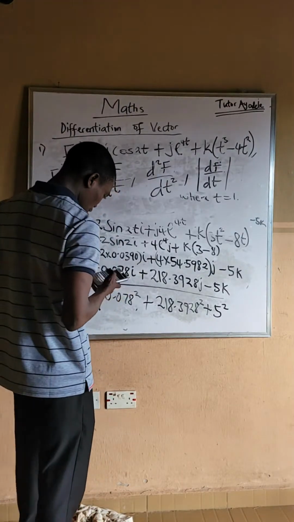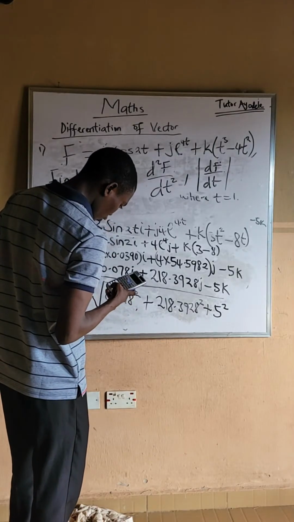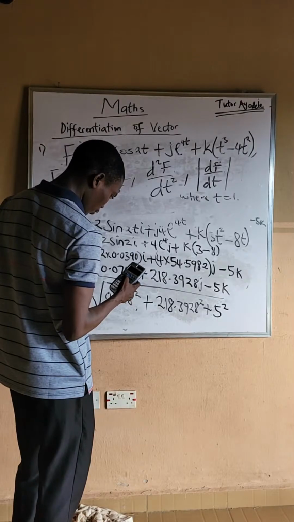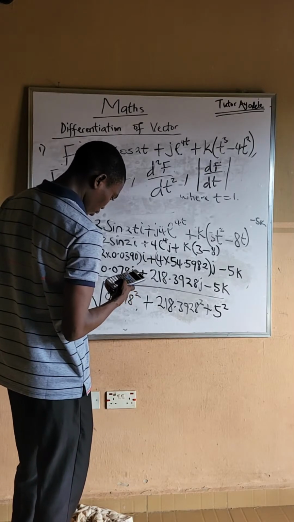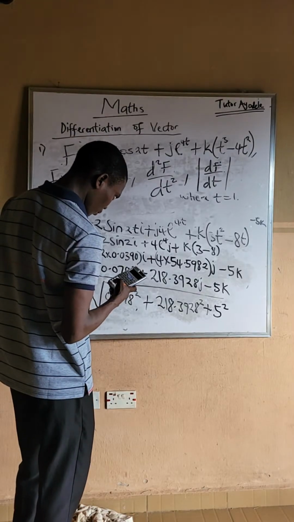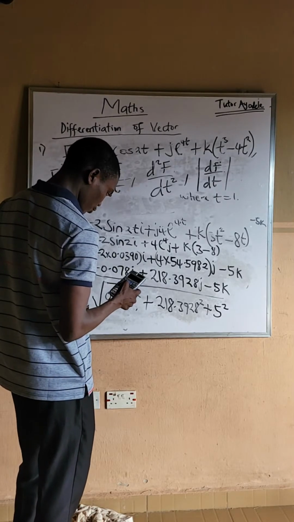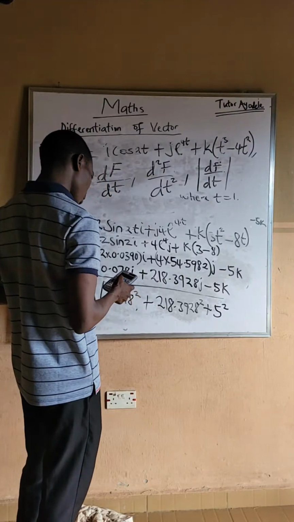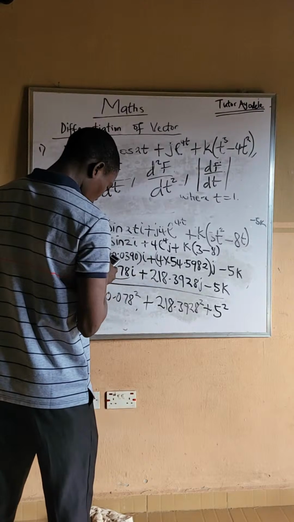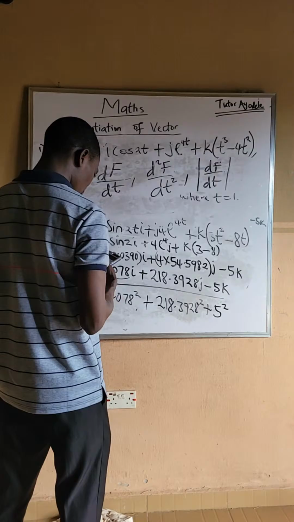You can just punch everything together in your calculator, everything at once. 0.078 square plus 218.3928 square, plus 5 square. But I just want to confirm from the calculator if what I typed is actually correct.